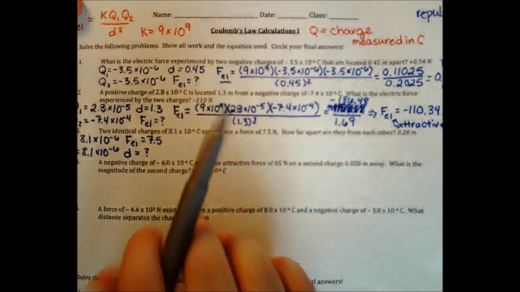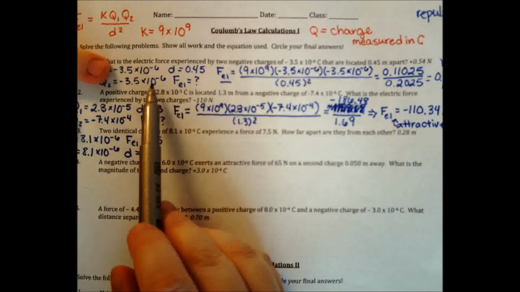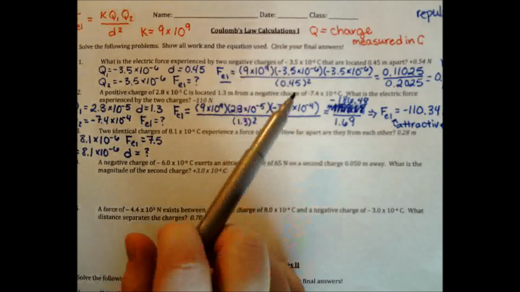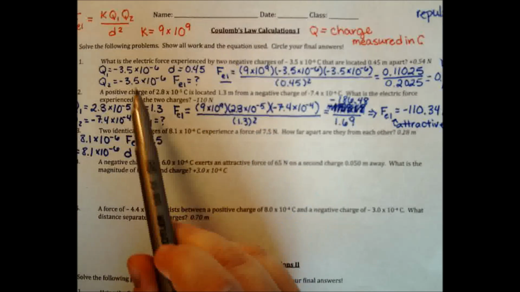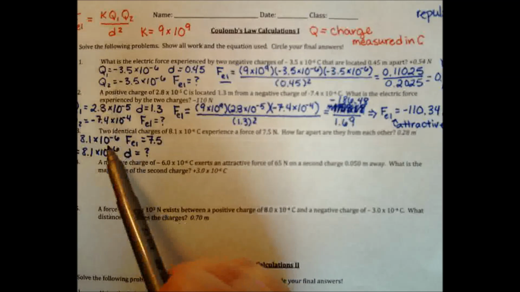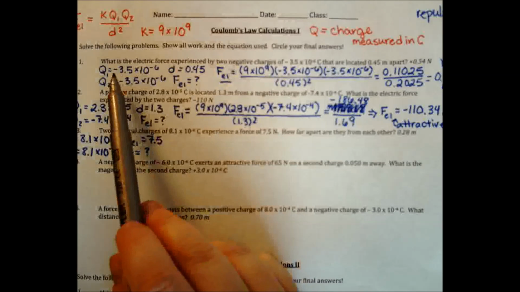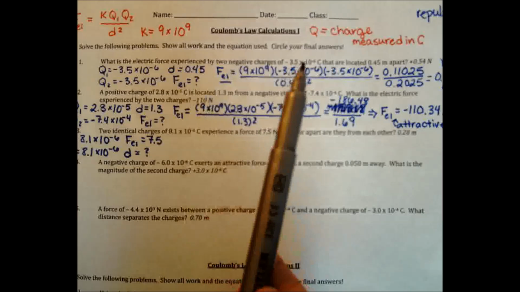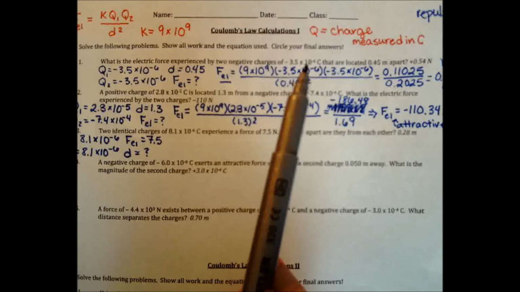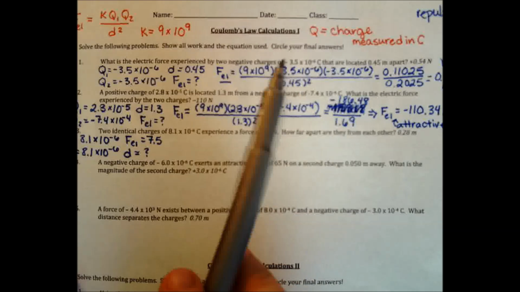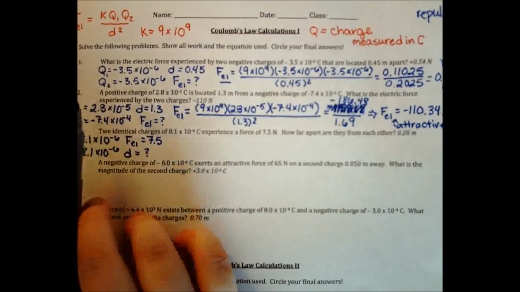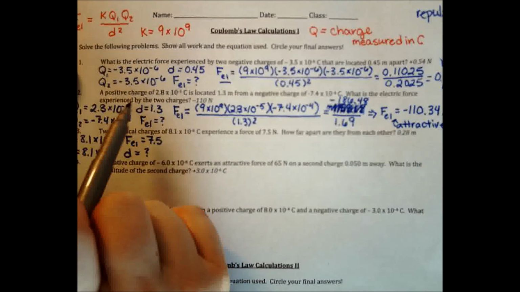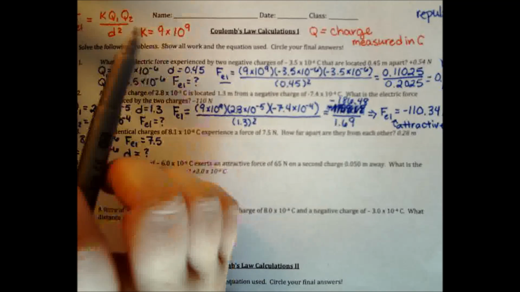Since we are honors level students, and the fact that these numbers and these numbers up here are somewhat similar, we should be able to figure out what kind of number our force should be. So these are the same order of magnitude, but 8.1 times 10 to the negative 6 is bigger than the charges up there. These two numbers are bigger, ignoring the fact that they're positive versus negative, because again, here that doesn't actually mean less than 0.